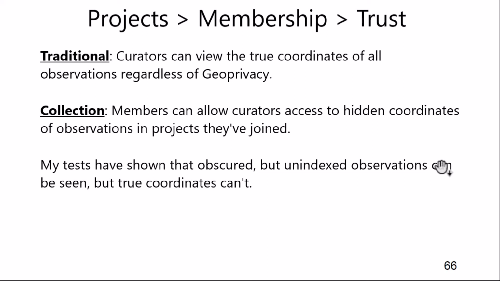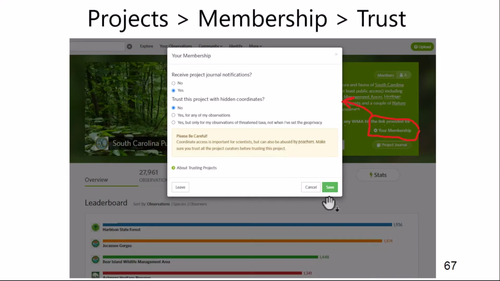Now, the collection project, on the other hand, does allow people to join the project and trust the people that do it. But the problem is there has to be an obscured observation in the project for that to make any sense, and in most cases, there aren't any. So, for instance, here's a typical project.